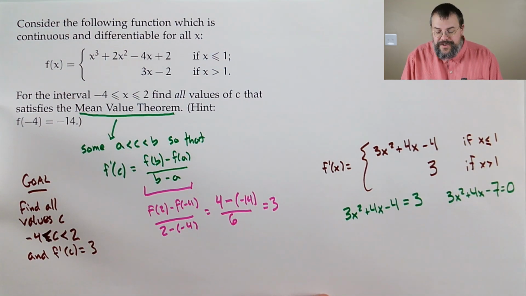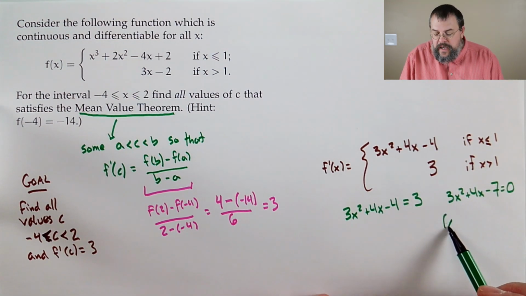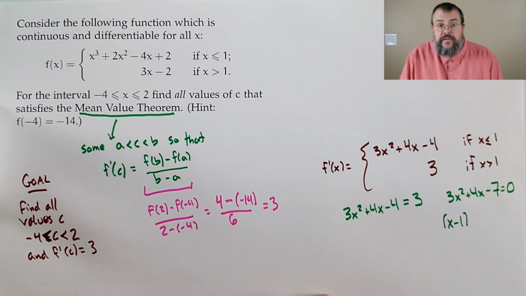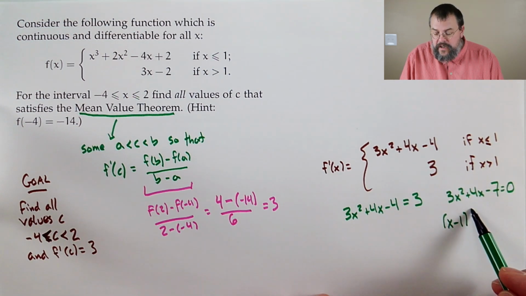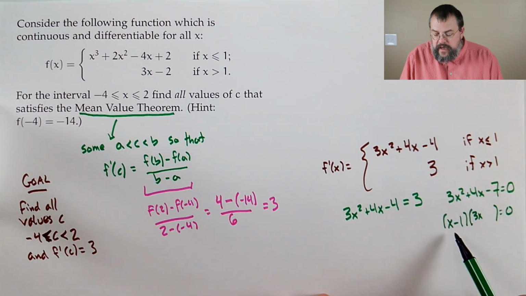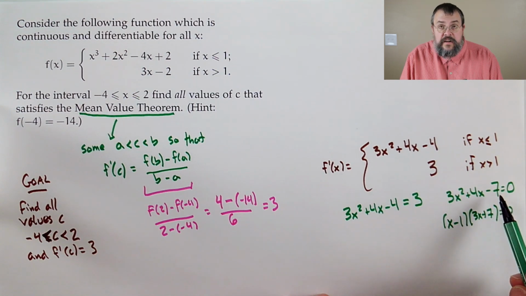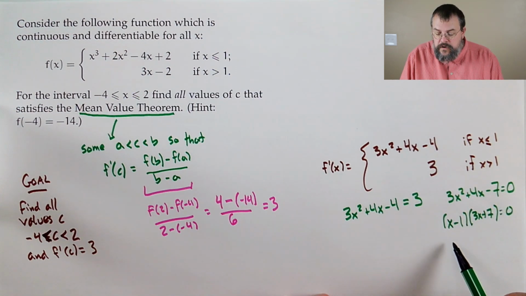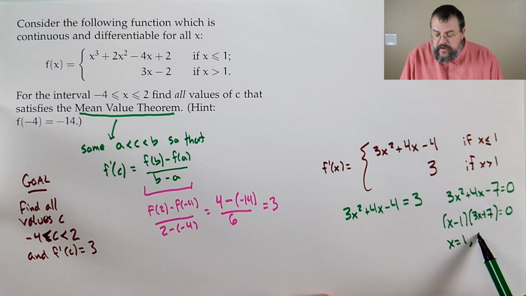So 1 is a root, which means x minus 1 has to be a factor. Now that I know one factor, the other one is a freebie. It would be 3x plus 7, because I need x times something to get 3x squared, and negative 1 times something to get negative 7. So we are getting x equals 1, and x equals negative 7/3.